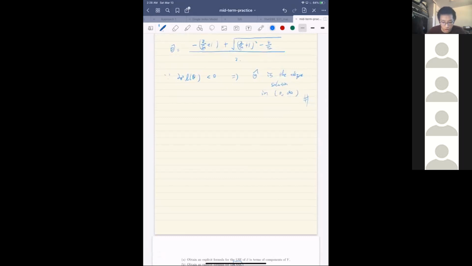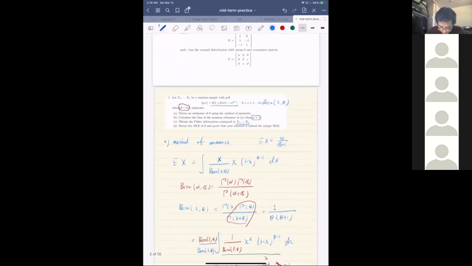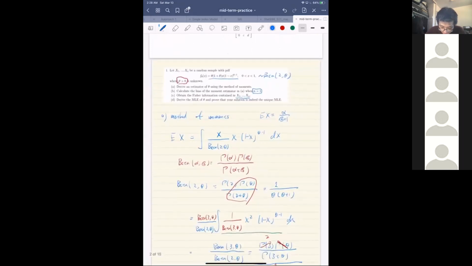Okay, so that is the first question. Basically, you have to learn how to do a method of moments and MLE, and it's very important to show that the MLE is unique when you want to find an MLE.